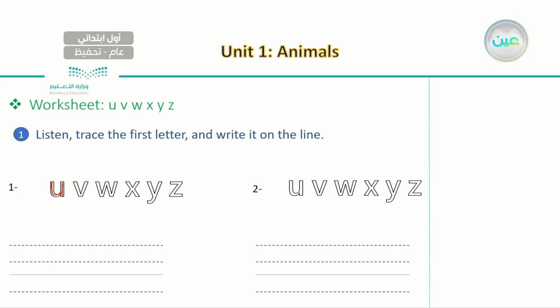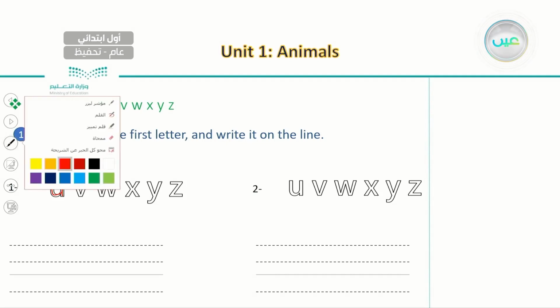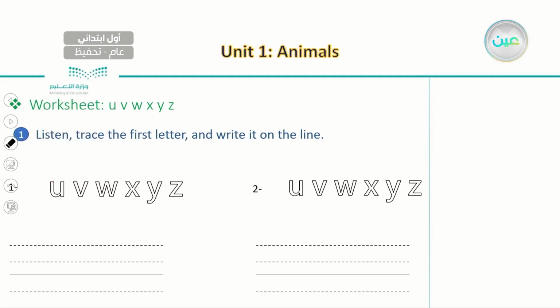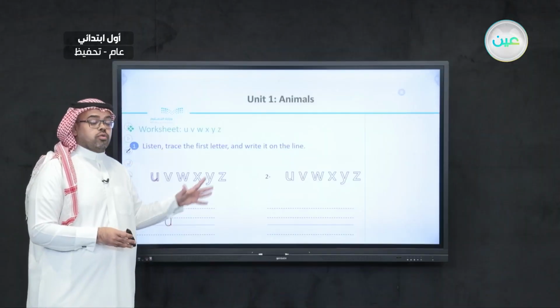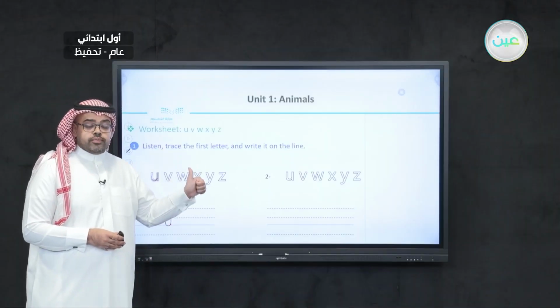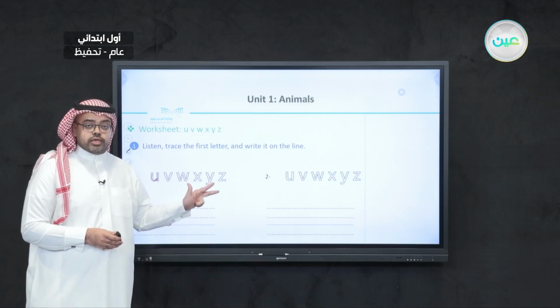After we trace letter U, it is time to write it here on the line. Like this, we trace letter U. This is how we're going to practice all of these letters: listening, tracing, writing.